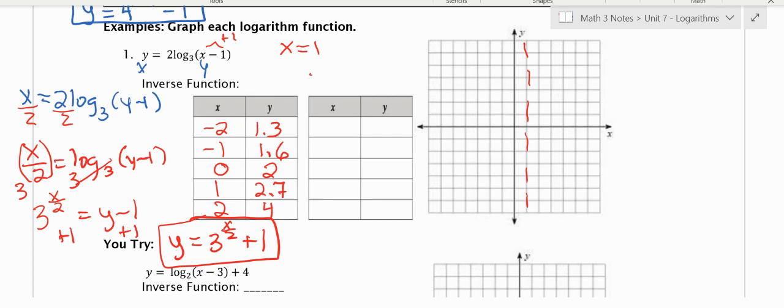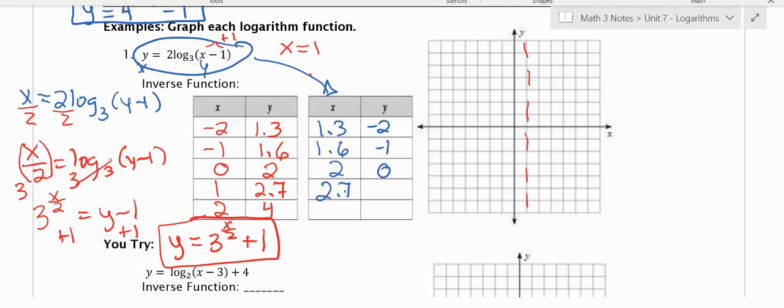So now to graph the original, I could just simply flip around those points. And now we would go ahead and graph this out. All right, so (1.3, -2), (1.6, -1), (2, 0), (2.7, 1), and (4, 2). And this would be our final answer.